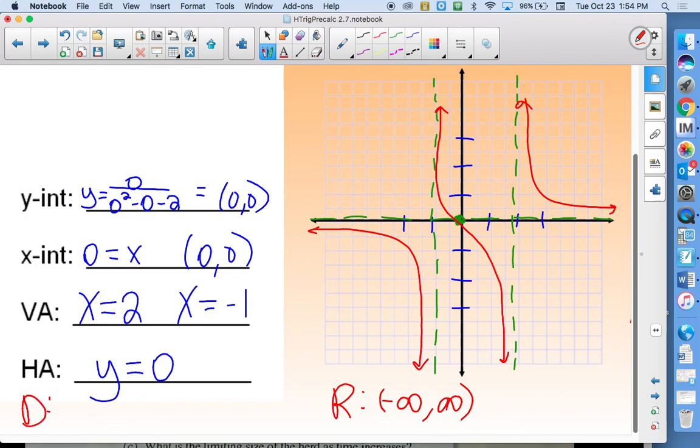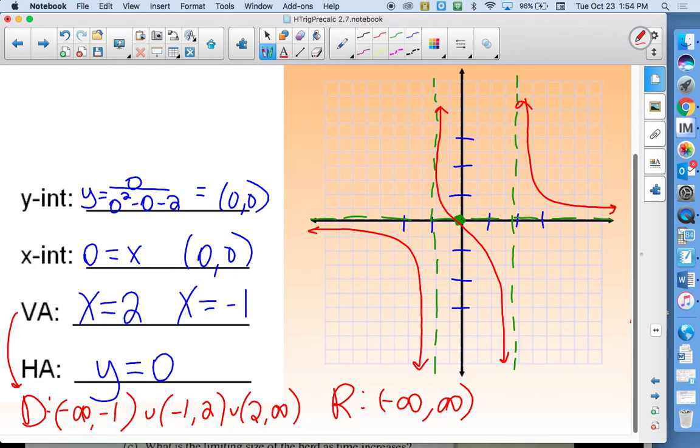The domain is going along with the vertical asymptote, so negative infinity to -1, -1 to 2, and then 2 to infinity. But for the middle of the graph, make sure you're checking that middle to look for the range, because if it goes through the whole graph, then the range is negative infinity to positive infinity.